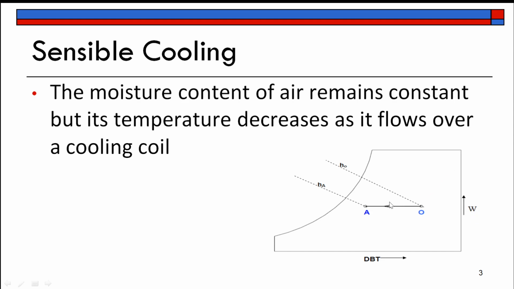But the temperature at the same time decreases because the direction of the process is from right to left. So OA is a representation of sensible cooling on a psychrometric chart.